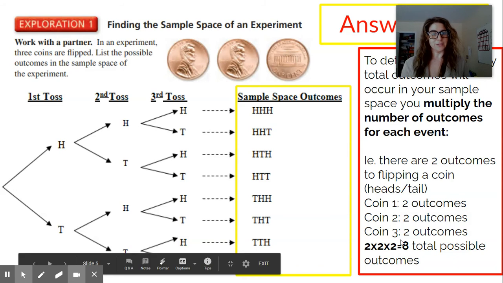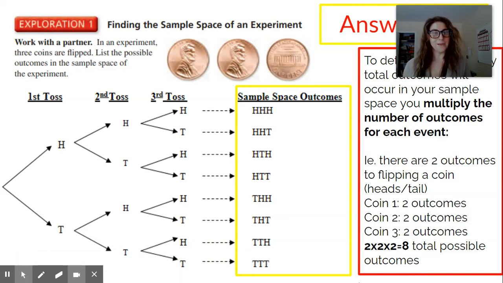And I say that down here. Coin 1 has 2 possible outcomes. Coin 2 has 2 possible outcomes. Coin 3 has 2 possible outcomes. So altogether, that makes 8 possible outcomes. And I can count 1, 2, 3, 4, 5, 6, 7. And there's an 8 underneath that one. There's my sample space. So now I just verified that how many I actually counted is what it should be because of the multiplicity of it.